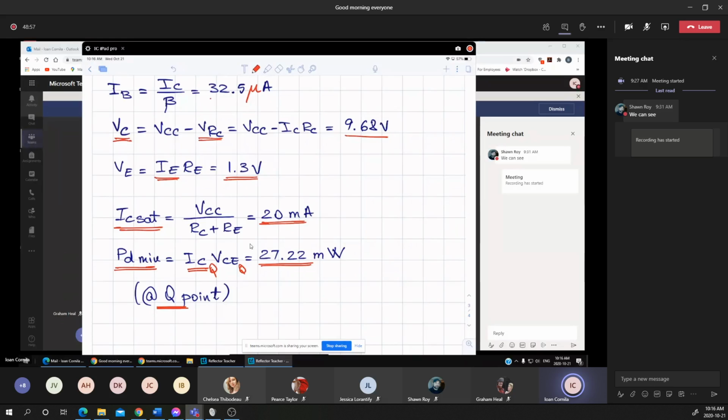Usually for this value, I will choose at least 30 milliwatts. At least 30 milliwatts is kind of pushed to the limit. If it's possible, probably a better choice will be a 50 milliwatt transistor. I can go a bit higher, nothing wrong with that, but I cannot go lower than 27.2 milliwatts.